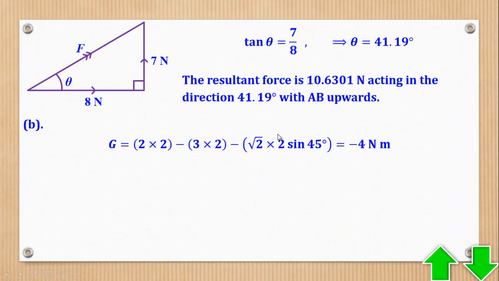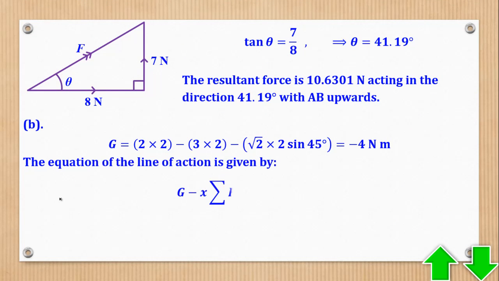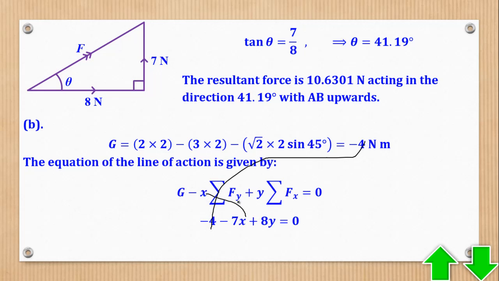So next is to use the calculator. I'll come up with -4 Newton meter. Like I told you in mechanics, we need to see the units. Now that I've got moment, I can get the equation of the line of action from the general formula, and I substitute. x is left, then Fy is the vertical component of the resultant, then Fx is the horizontal component of the resultant.